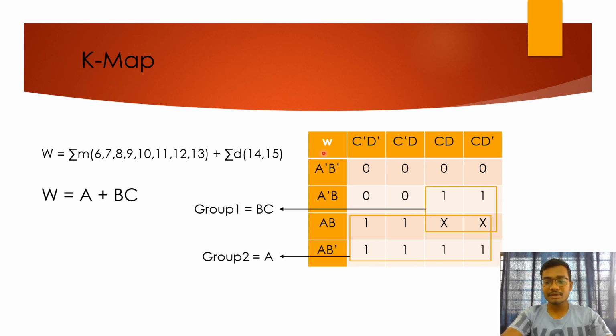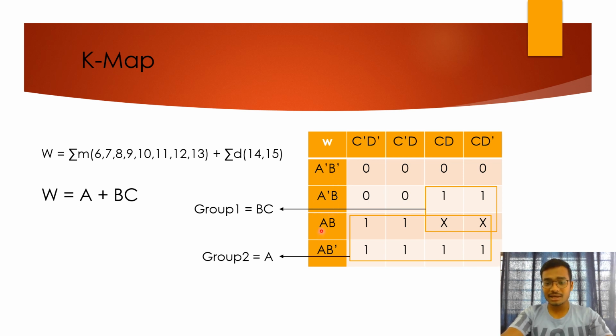In min terms, bar represents the zero value, the binary value 0 is represented by the bar term, and a normal value, like A and B here, represents 1. Gray code says that the difference between two consecutive terms has to be 1. So these two are 0 0 and 0 1 in binary.